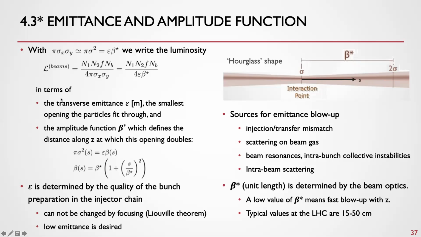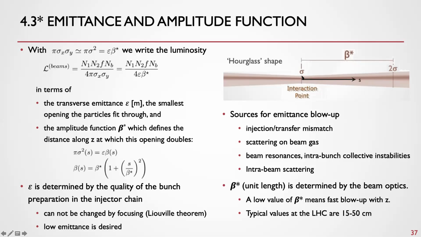The transverse emittance has a unit of meter, and is the smallest opening angle the particle can fit through. So in principle, it gives you the scale of the width of the two beams at the interaction point.